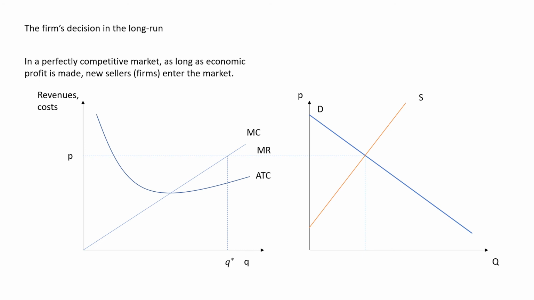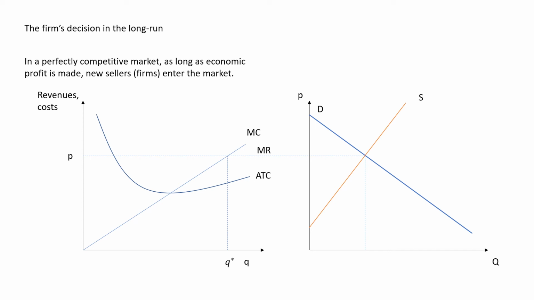In the previous slide, we already discussed the choice of the firm with a given level of prices. So at level P of prices, the firm is going to produce Q star quantity, but the whole market, which is on the right-hand side of the graph, is nothing else than the sum of all these individual producers.